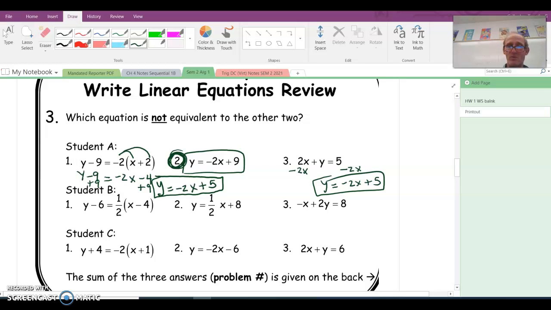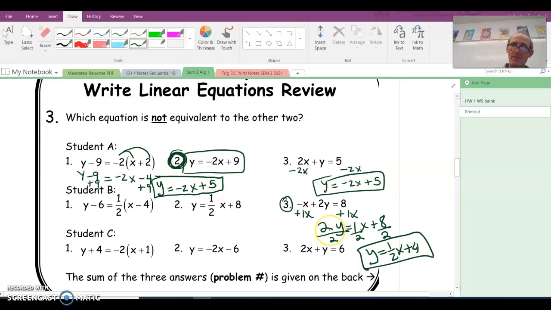So I would solve for y here for this one. You're going to add 1x. So 2y is equal to 1x plus 8. Divide by 2. y equals 1/2 x plus 4.